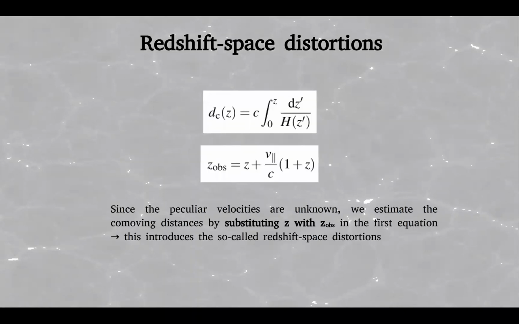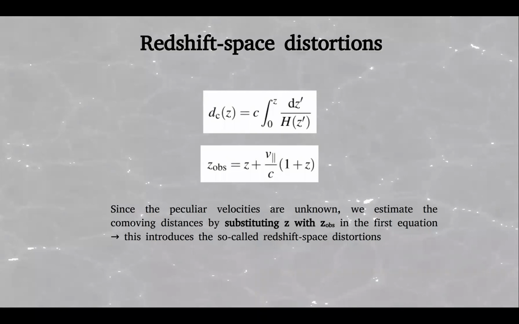However, even if the universe is isotropic, the way in which we measure distances in the universe introduces anisotropies. The reason is that this first equation, which is valid in a homogeneous universe, expresses the relation between comoving distances as a function of redshift and the Hubble function, the logarithmic derivative of the scale factor.